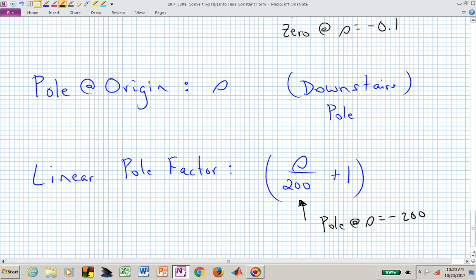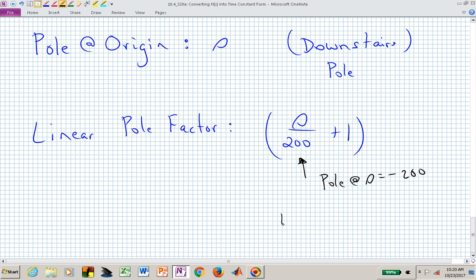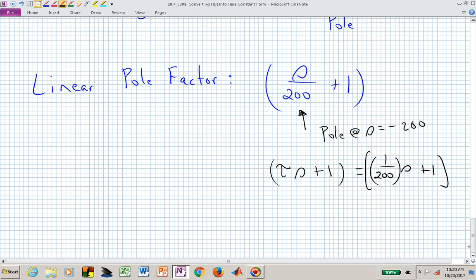And if somebody wanted to know what is the time constant, well, now you could see this written as tau s plus 1, so that now the tau is actually 1 over 200 times s plus 1. And so your time constant, tau, is 1 over 200. So in this case, tau is 1 over 200.